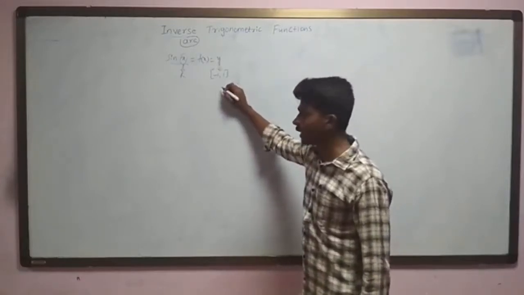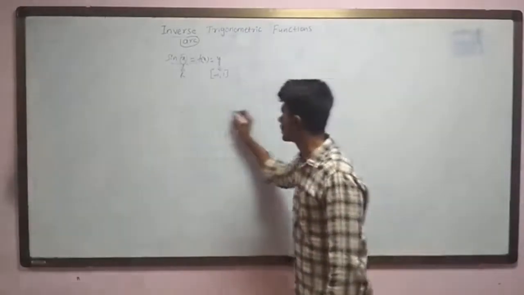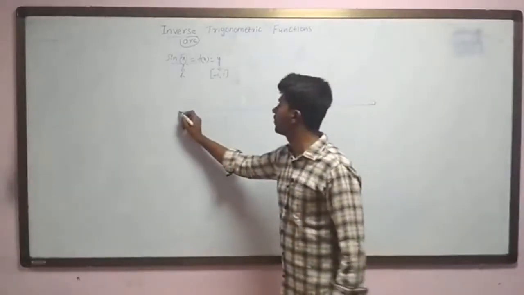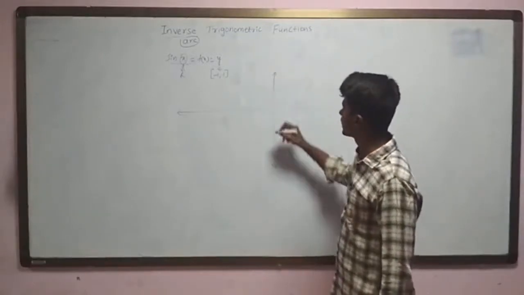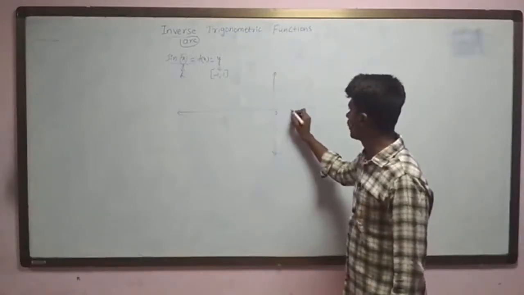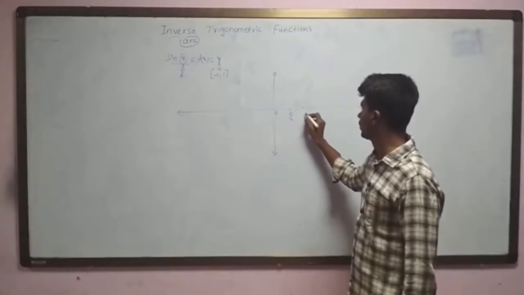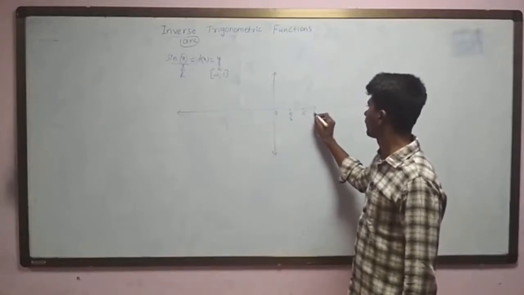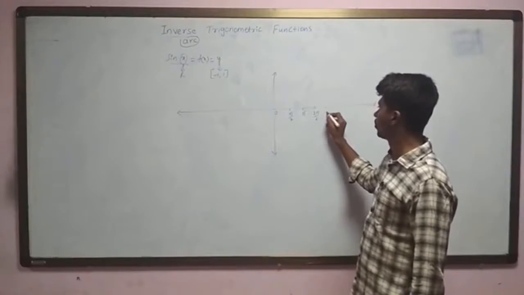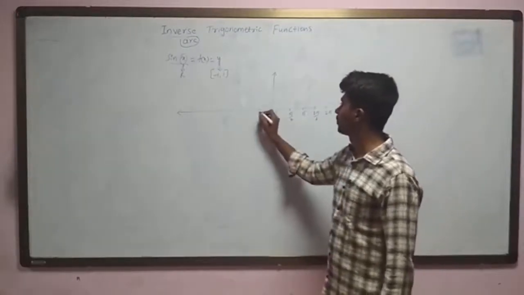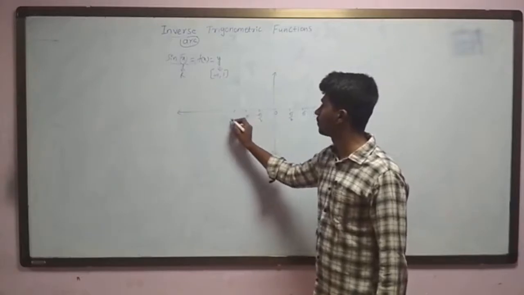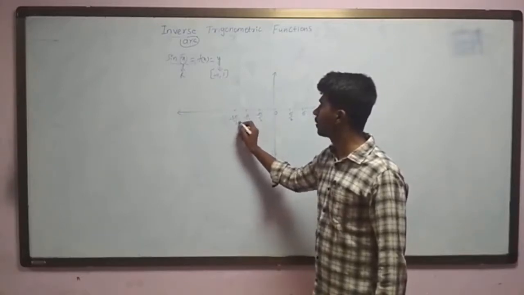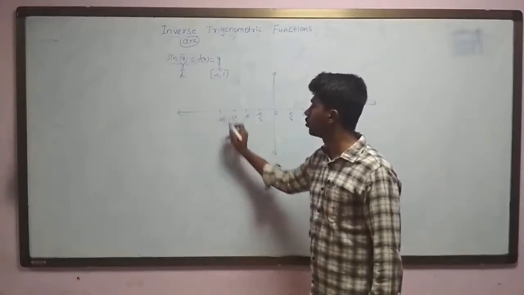Now I draw the graph of sin x. Marking 0, pi by 2, pi, 3 pi by 2, 2 pi, and minus pi by 2, minus pi, minus 3 pi by 2, minus 2 pi.